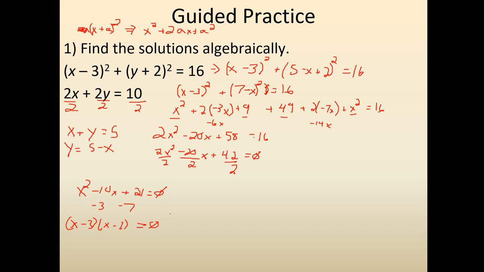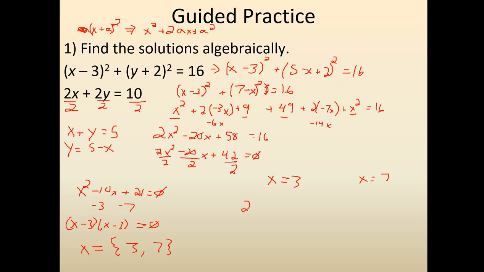Now that it's equal to 0, I can set each factor equal to 0 and find that my solutions for x are going to be 3 comma 7. Once I know that, I can plug 3 and 7 into my linear equation. So I can plug it into this first one.